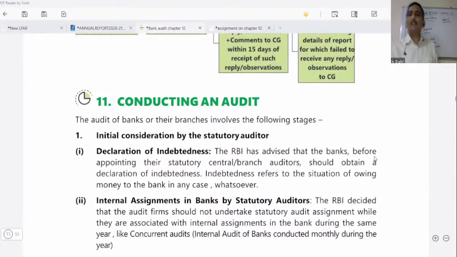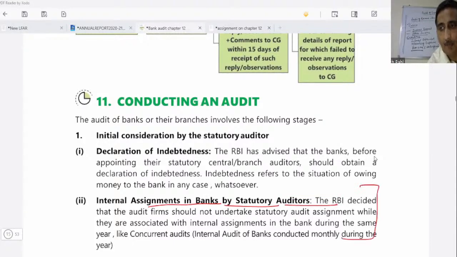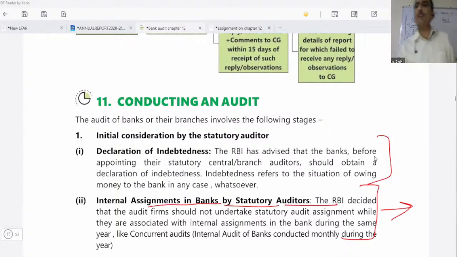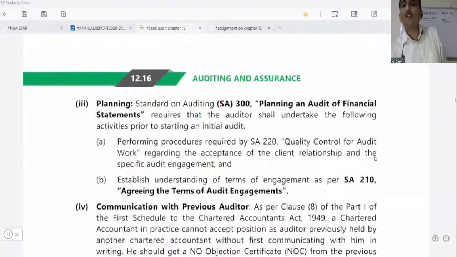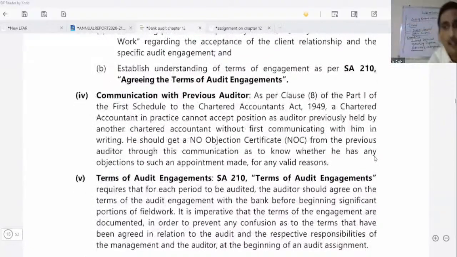Now, all these conducting an audit points are general points. Internal assignment in banks by the statutory auditor, he cannot accept if he is the internal auditor. Declaration of indebtedness, he has to give, and communication with previous auditor, this I told you.